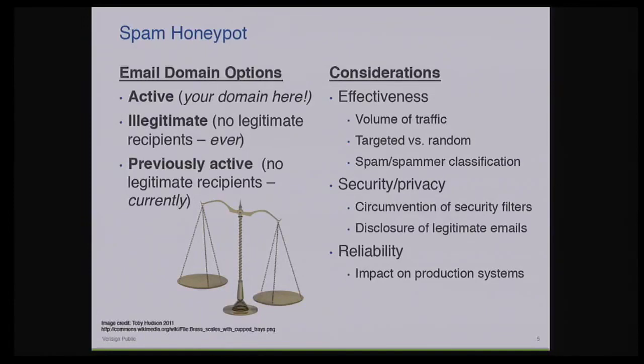And then there are issues of security and privacy. If you're actually working on an active domain, for example, how do you consider things like security and privacy, as well as stability of your current system if you're deploying it on an active domain. And then reliability. You don't want to take down your production systems by doing some type of experiment.